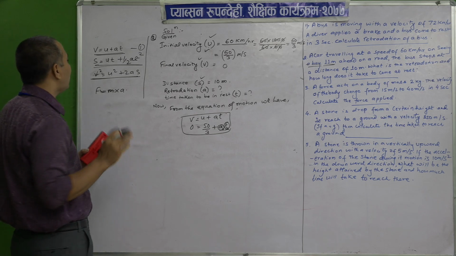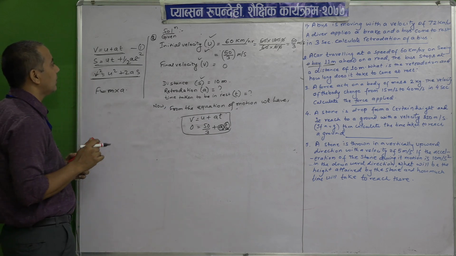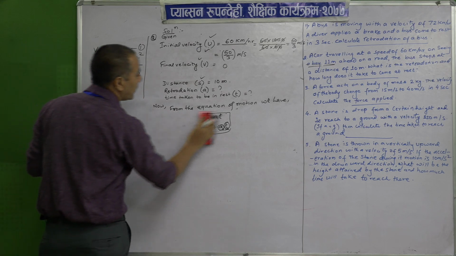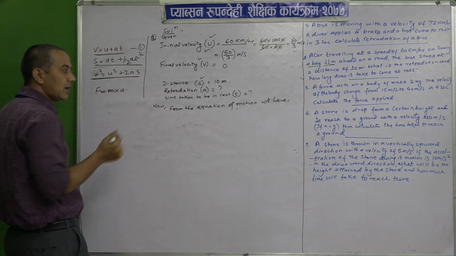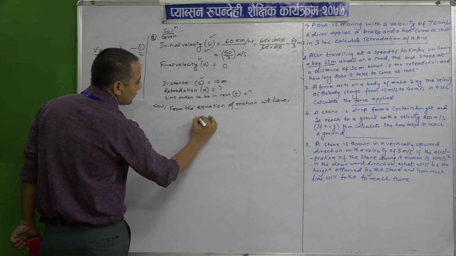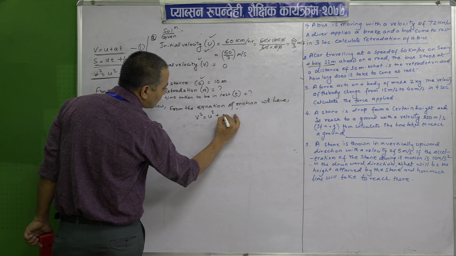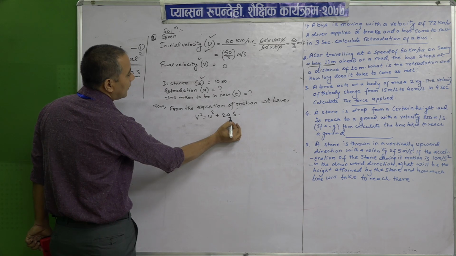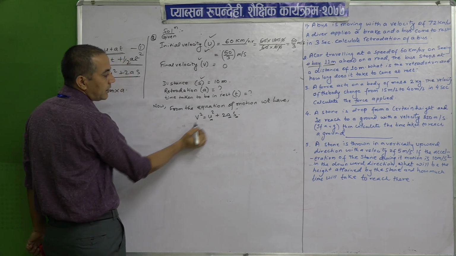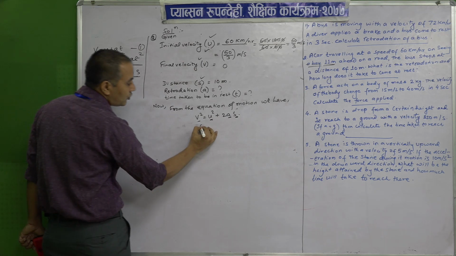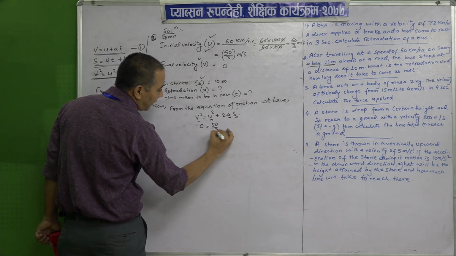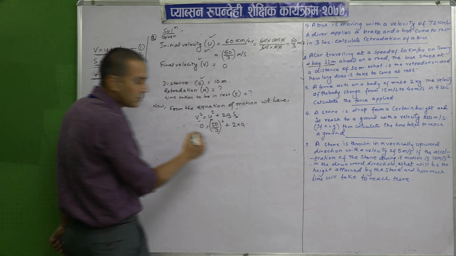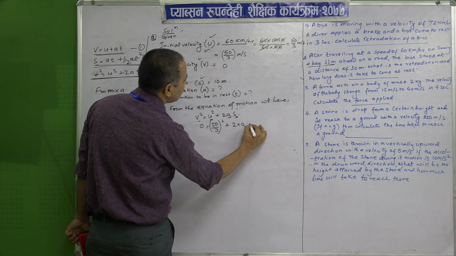Therefore, which formula will be suitable over here? v square equals u square plus 2as. Are you clear what I said? Yes, v square equals u square plus 2as. Now, acceleration is needed, distance is given, initial velocity is known, and v is given. 0 equals (50 upon 3) whole square plus 2 into a into s. s is 10 meter.